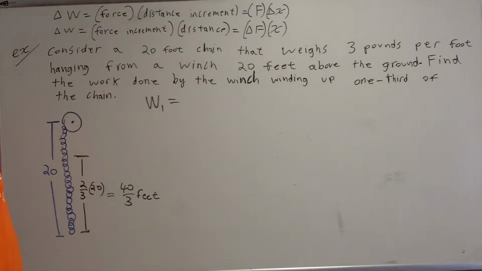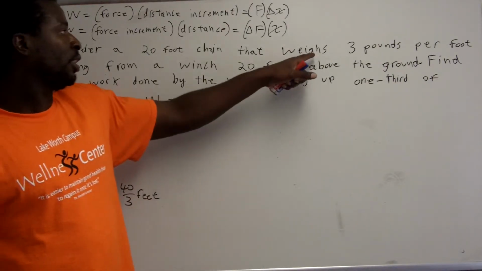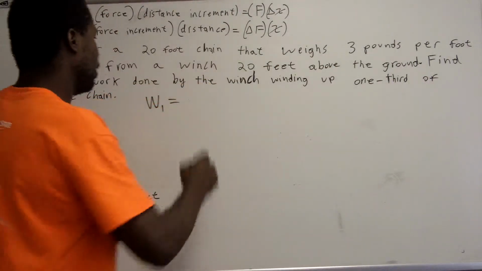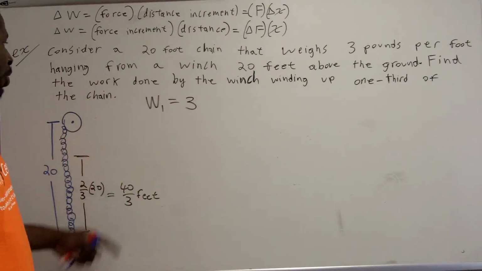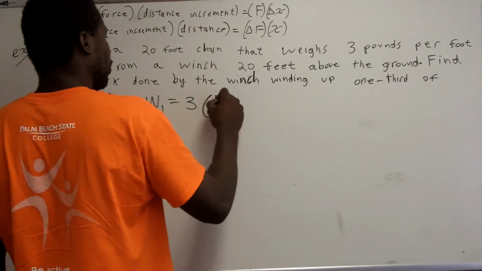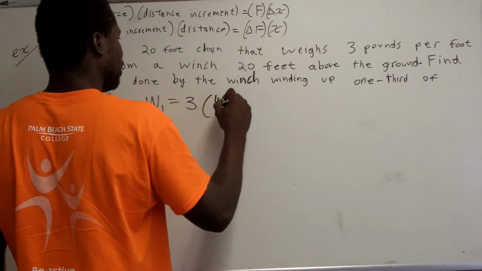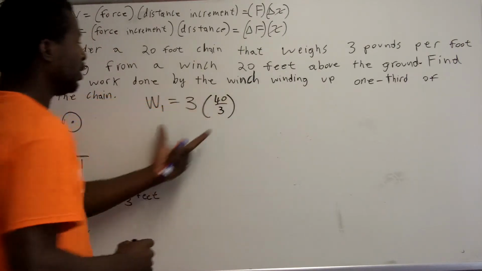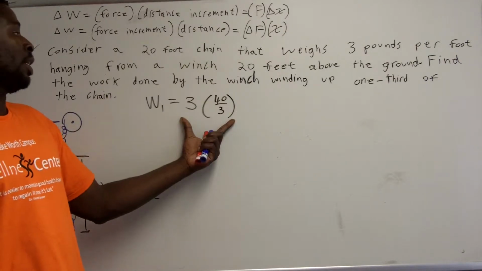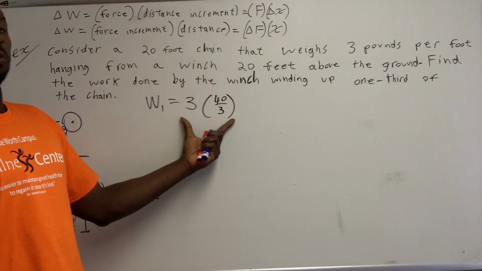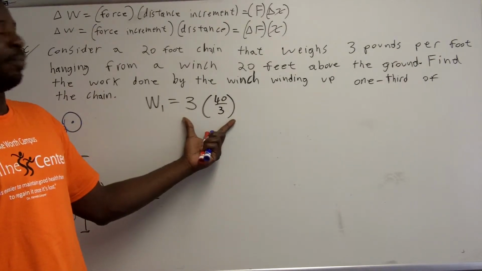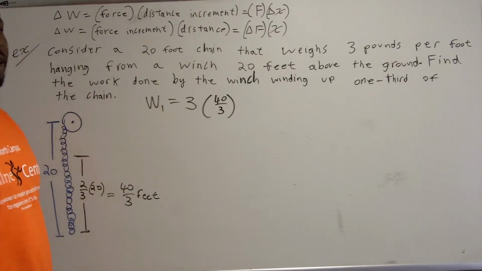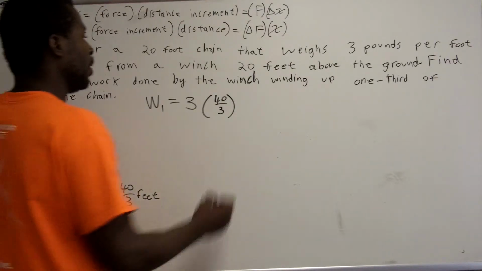The chain weighs 3 pounds per foot, and I have 40 thirds feet of chain, so this calculation tells me how much the bottom 2/3 of the chain weighs. Multiplying that weight by the distance it travels gives the work done in moving the bottom 2/3 of the chain up to that height.